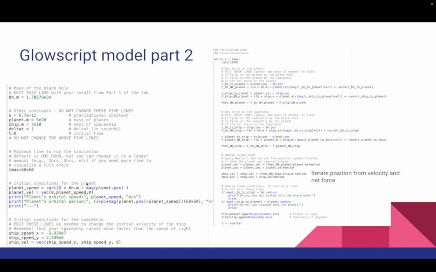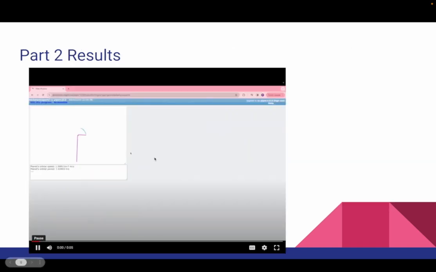We have the constants, and then I got the speeds, the initial speed, using trial and error to see the closest that I could get to the black hole without crashing into it. And then we find force to get the position update. And here are my part 2 results.